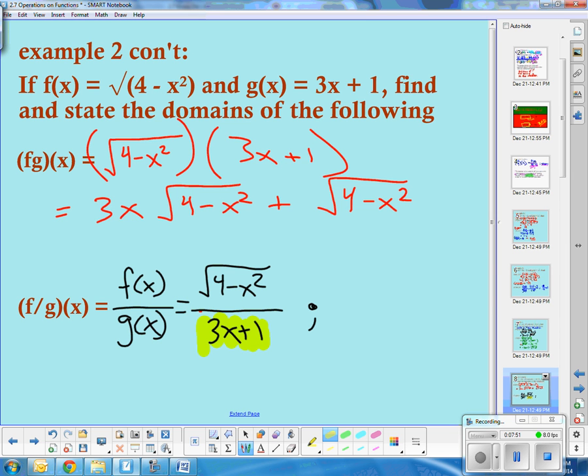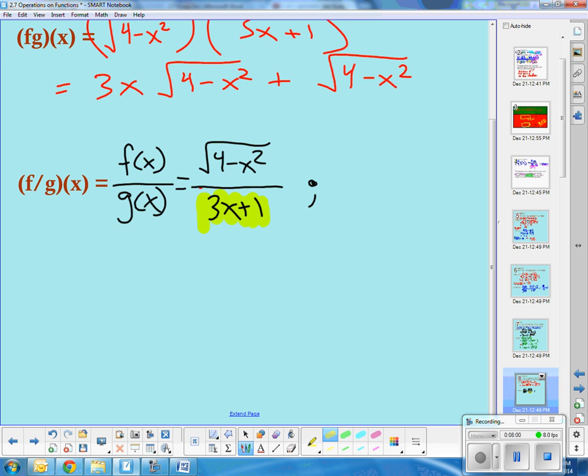Generally, I don't have a problem with 3x plus 1 equaling 0, but now since it's in the denominator, I can't allow it. So let me do a little bit of scratch work. 3x plus 1 equals 0, so 3x is negative 1, and x equals negative 1/3.